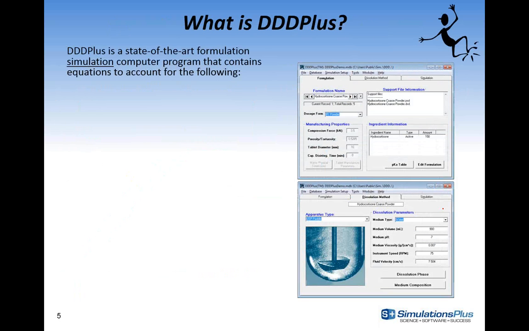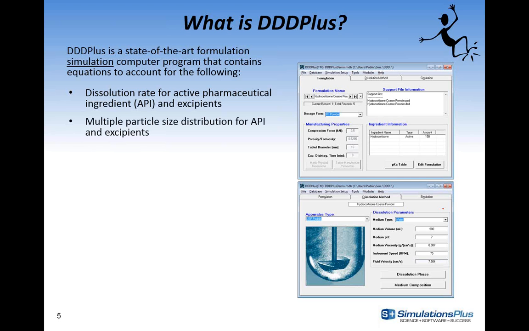So what is DDDPlus? It's a state-of-the-art formulation simulation computer program that contains equations to account for all the aspects of dissolution. The dissolution rate of the active pharmaceutical ingredient and all excipients are accounted for within the DDDPlus model, provided you have the required inputs for solubility and so on.